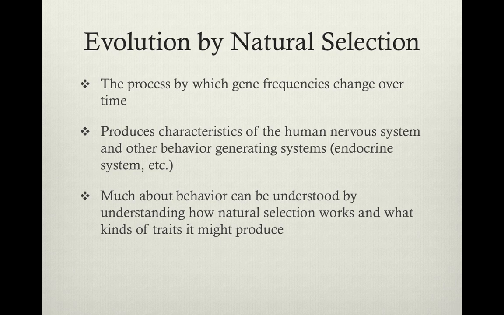Why do we say our endocrine system is a behavior generating system? Well, because of the effects of hormones on human behavior. Like, for example, if you can remember back to puberty, to adolescent development, you will note that there may have been a pretty rapid shift from you having no interest in reproduction, whether that's with same-sex or opposite-sex individuals, and that point where you do have sexual desire and the interest in reproducing with either members of the same sex or members of the opposite sex, that interest in sexual behavior.